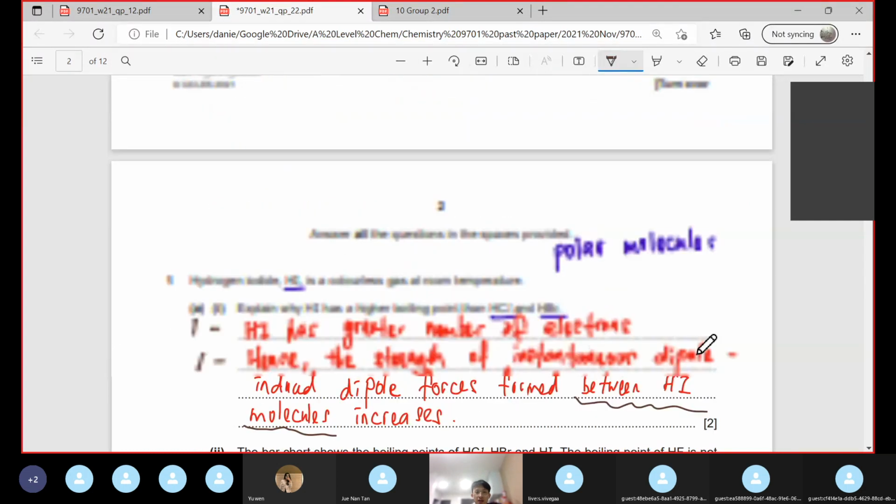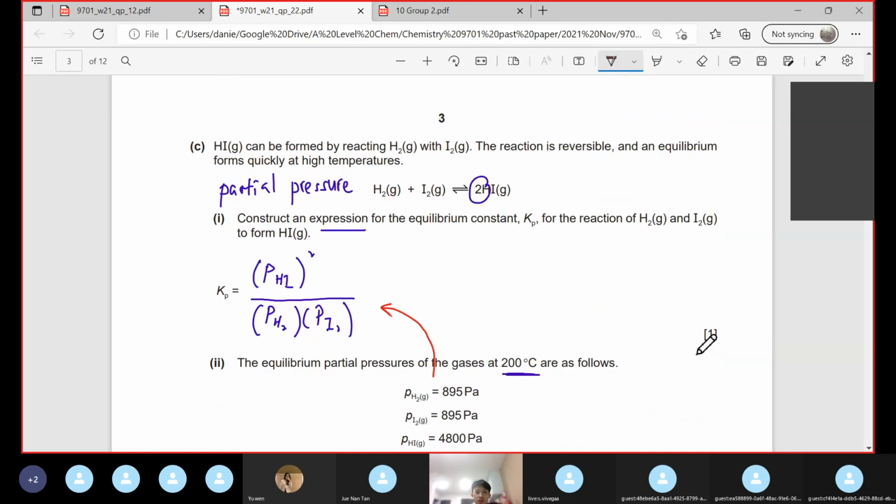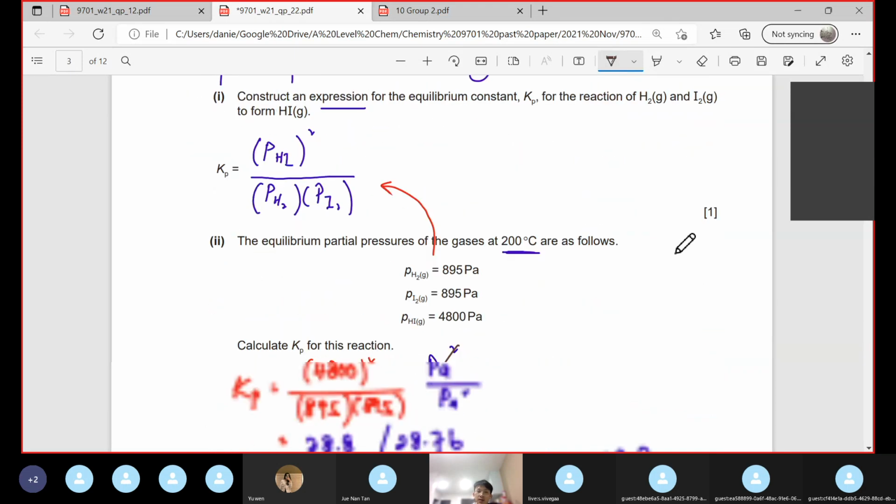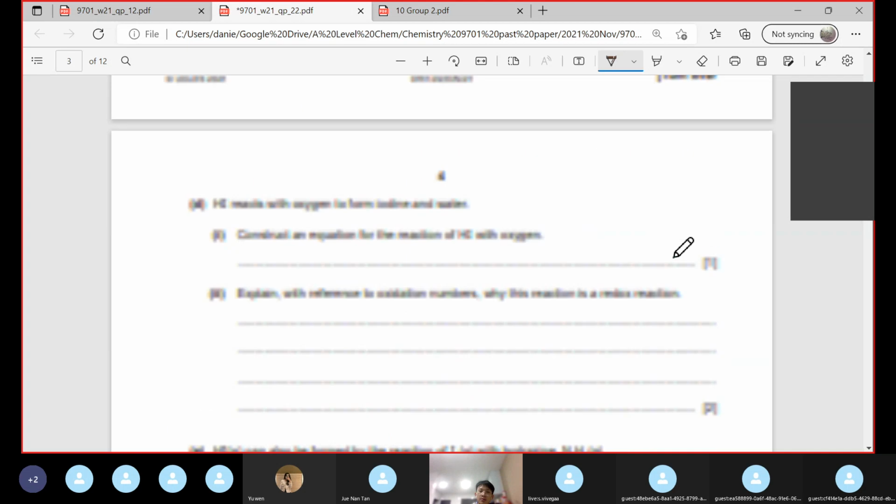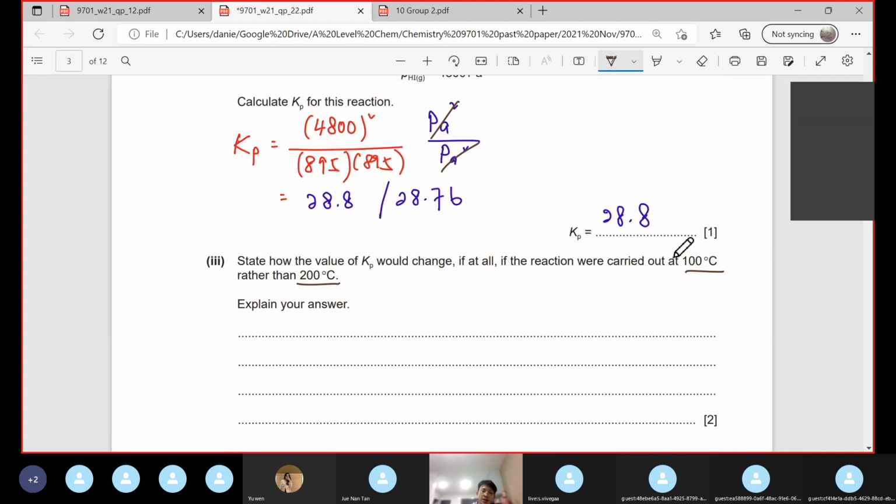Just now they mentioned 200. Initially the temperature is 200. Then right now they want the reaction carried out at 100. So from 200 drops to 100 means temperature decreases, right?